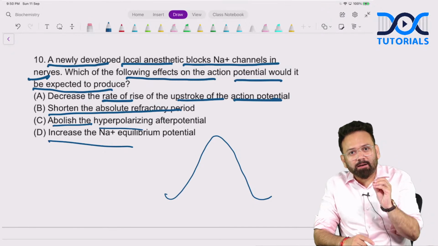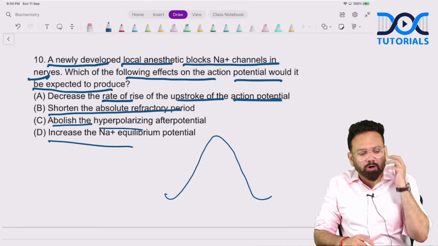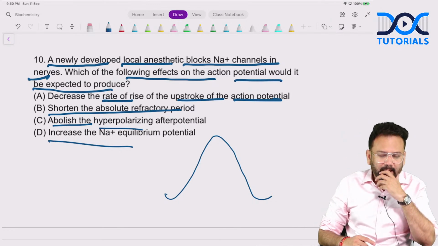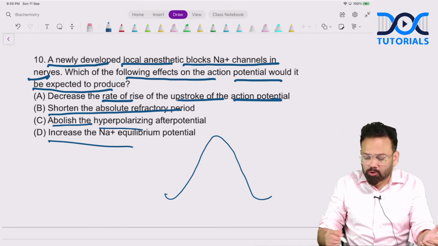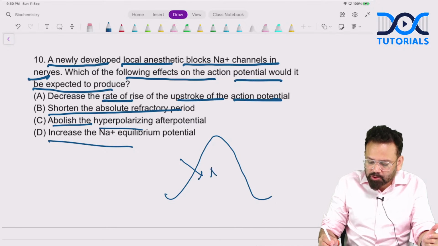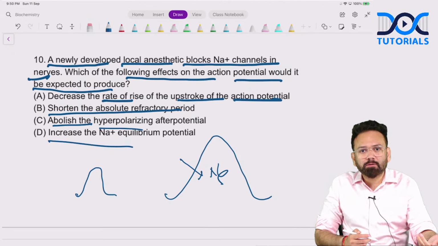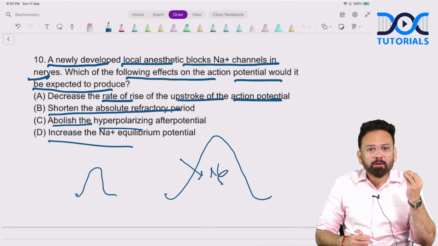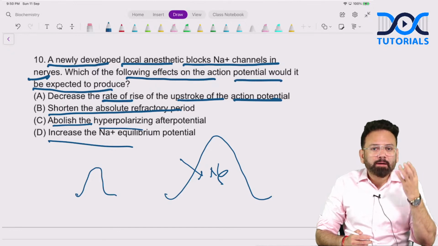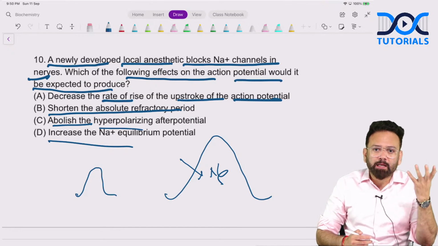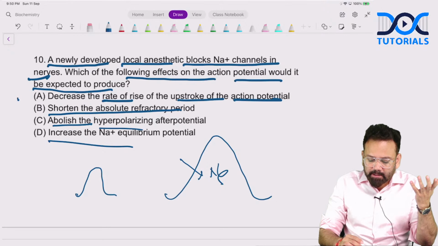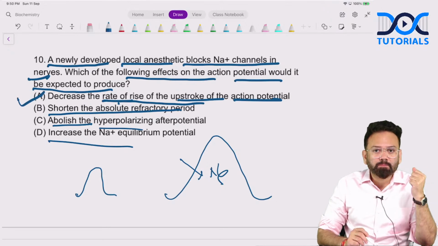Sodium channel is causing what? Yes, depolarization, the upstroke. So sodium is causing the upstroke, so there will be a decrease in the rate of upstroke. If you are giving a sodium blocker, it will block the upstroke or depolarization. It will decrease the rate of rise of the upstroke. Simply.